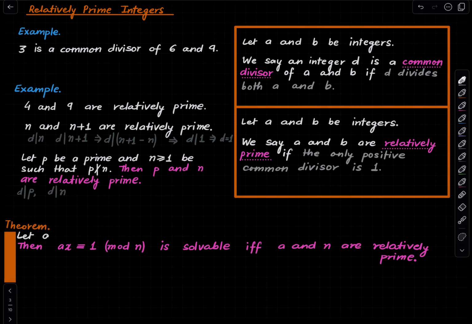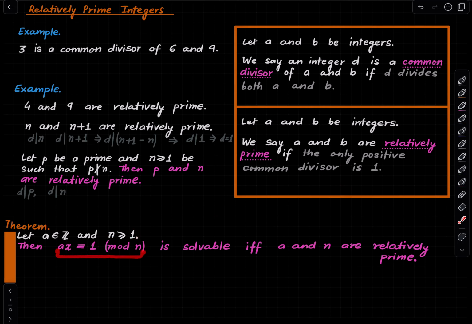So let a be any integer and n be a positive integer, although n also could have been negative. It's just that n couldn't have been 0. If you take n as 0, you're basically asking for division by 0 and those kinds of things. So anyways, let's just keep n as positive.